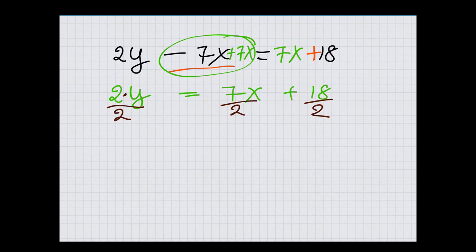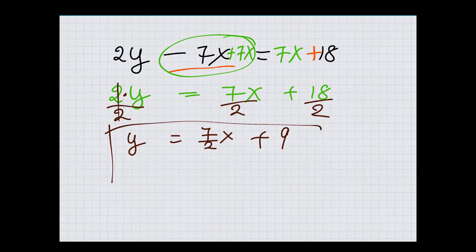You can put one big fraction, 7x plus 18 out of 2, but you also want to be able to do separate divisions, especially when we do graphing. 2 out of 2 cancels, and we have y equals 7 out of 2 x plus 18 divided by 2, 9. And this is our solution. That's all.